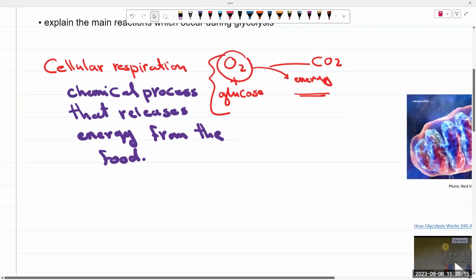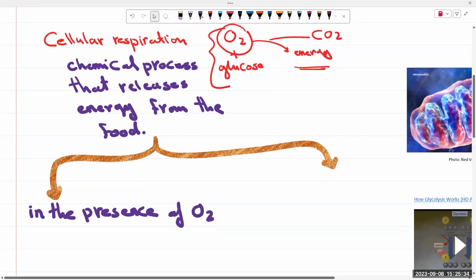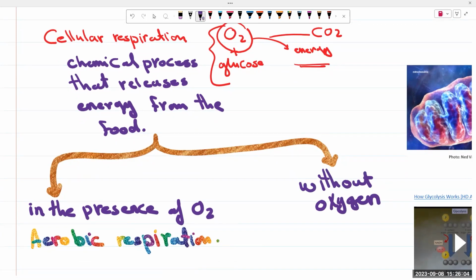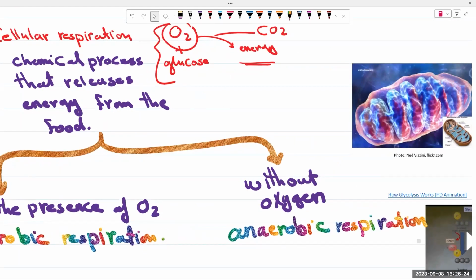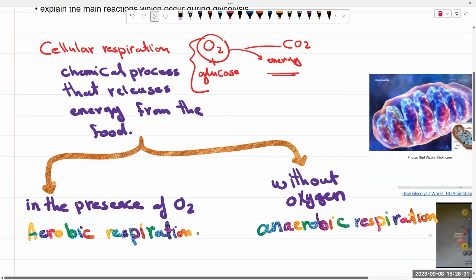And it could be divided into two types: in the presence of oxygen, and this is called aerobic respiration, or it could happen without oxygen, and in this case it will be called anaerobic respiration. Is it clear for all of you? I will not go to the details of the differences between aerobic and anaerobic, because we will handle it later in that part of the syllabus.